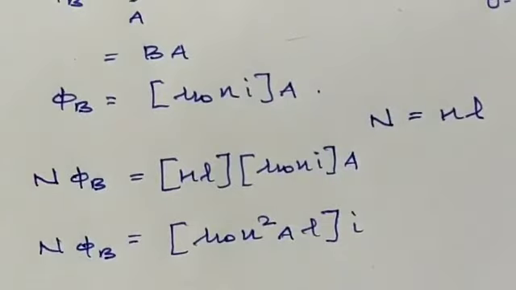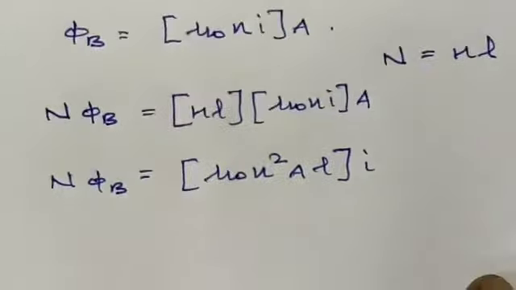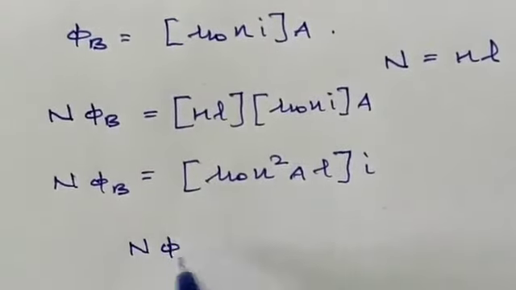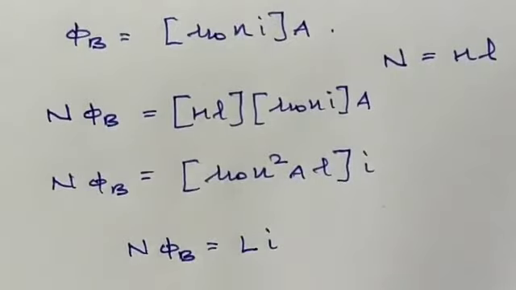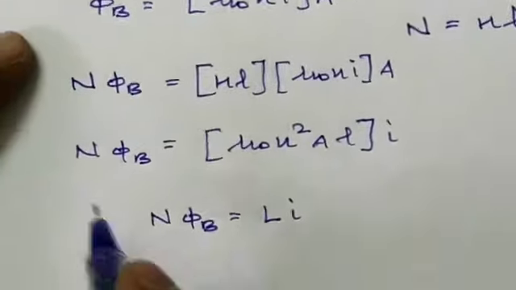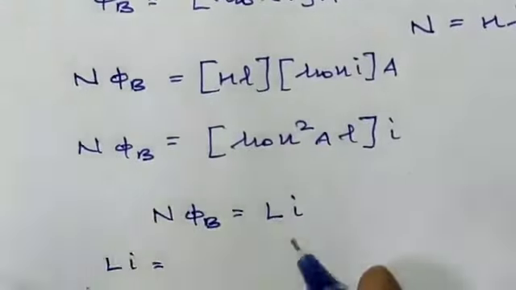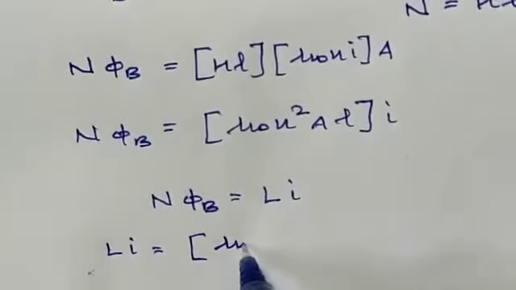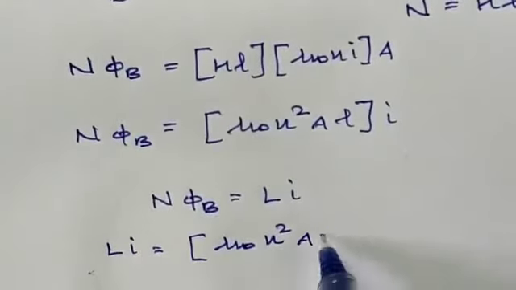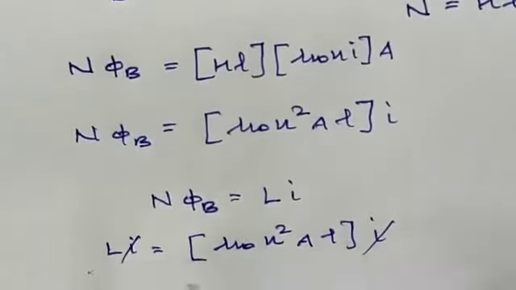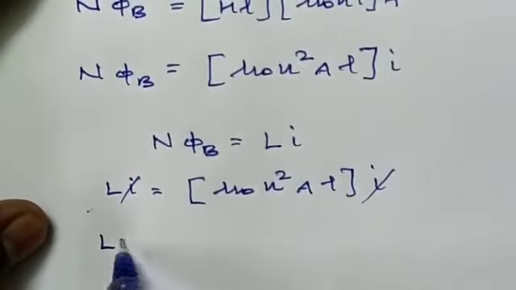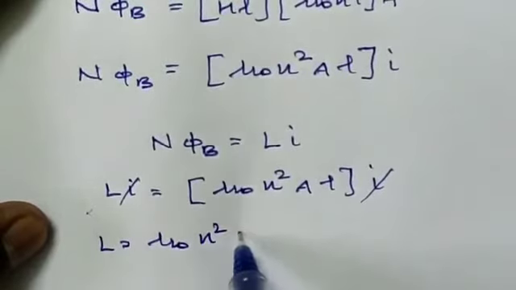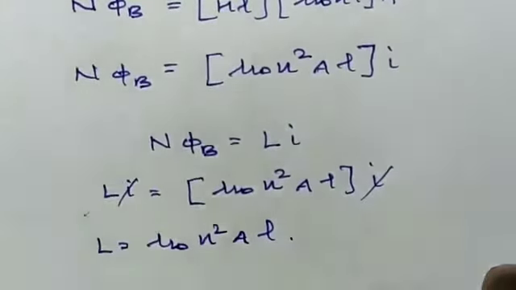Already we know the flux linkage in self induction is LI. Substitute LI here, we get mu naught n squared A L I. I cancels. Finally we get L equal to mu naught n squared A L.